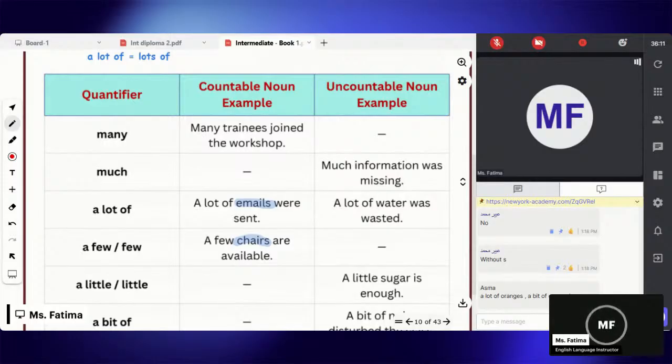Great, this is correct. Oranges and orange juice. Okay, good.